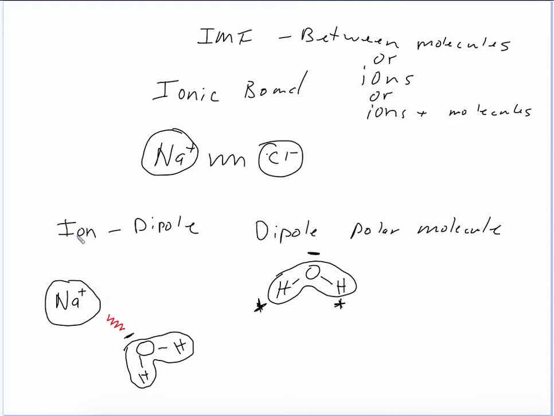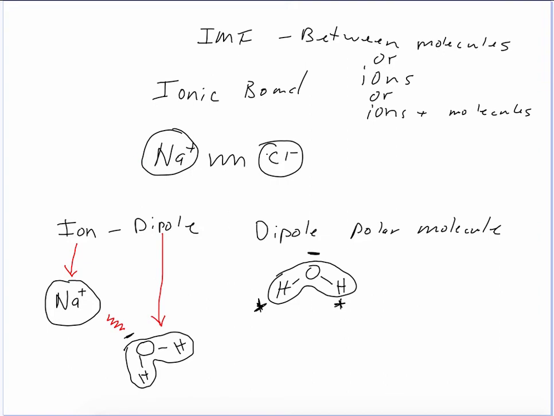Okay, there's our ion dipole, a polar molecule. When they're attracted, the force between them is called an ion dipole intermolecular force, between an ion and a dipole. Okay? All right, now let's go on to the next ones.